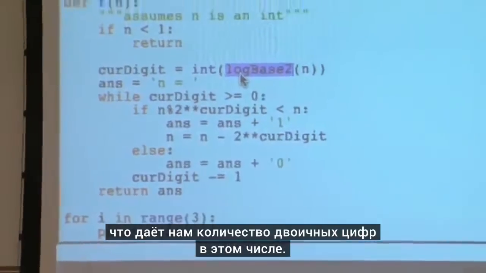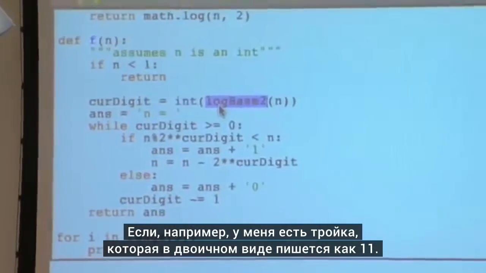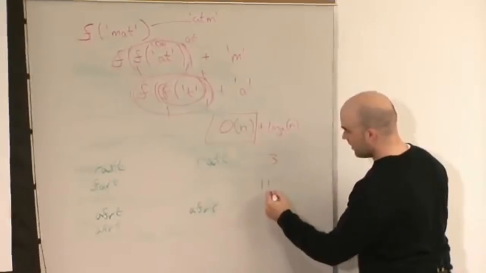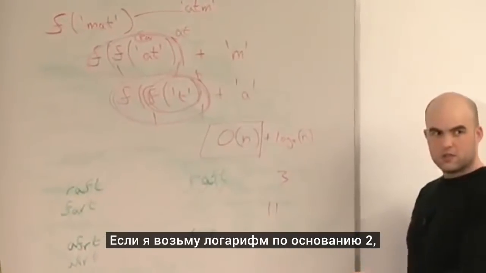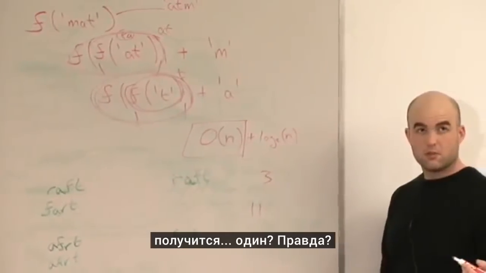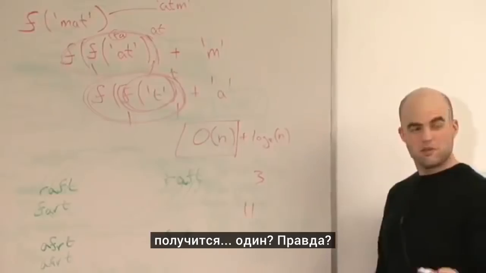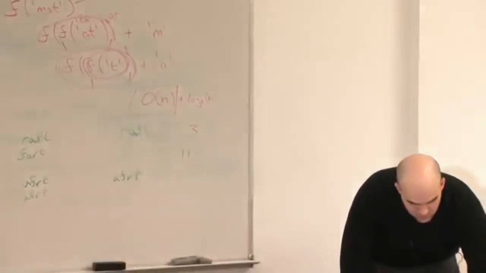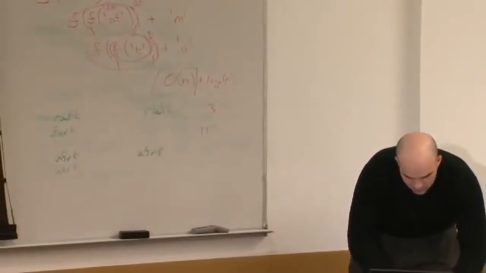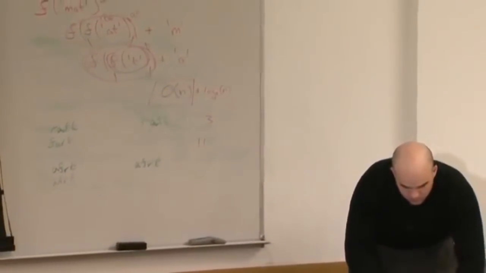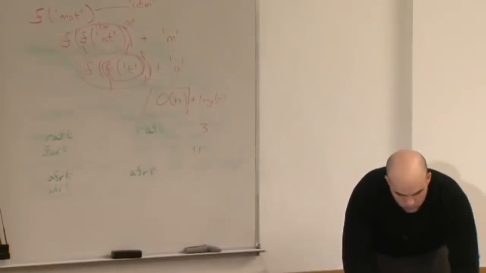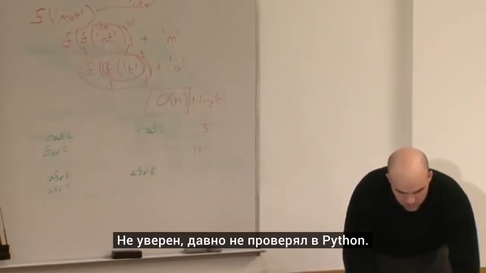Think of it as like if I have 3, which in binary is 1, 1. If I take log base 2 of this, then my cur digit is going to be 1, I believe. I'm not sure what Python's going to round to.